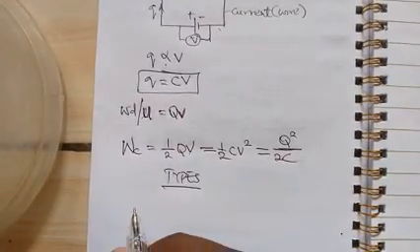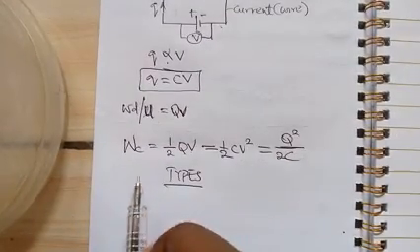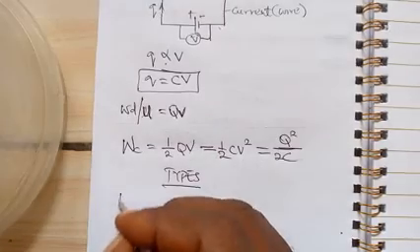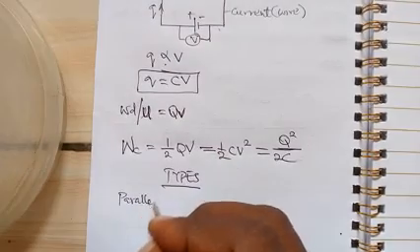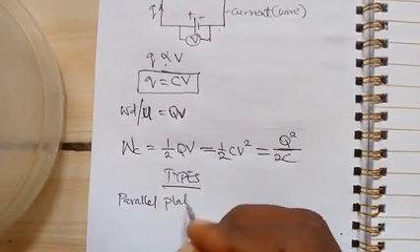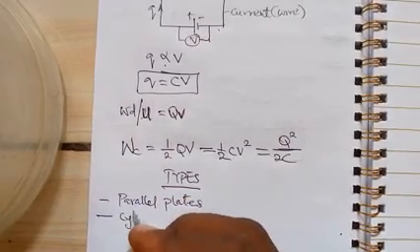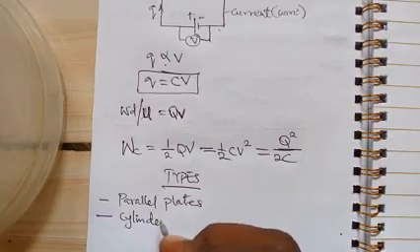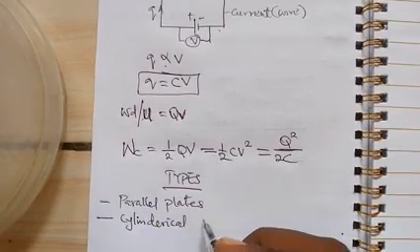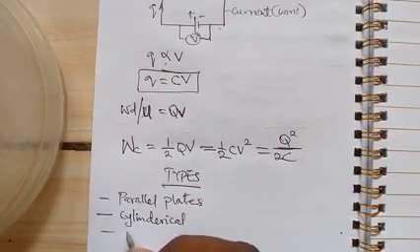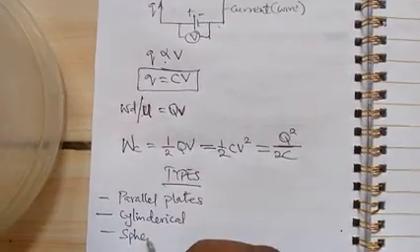Now we have types of capacitors based on symmetry. We have the parallel plate capacitor, we have the cylindrical plates capacitor, and we also have spherical plates.